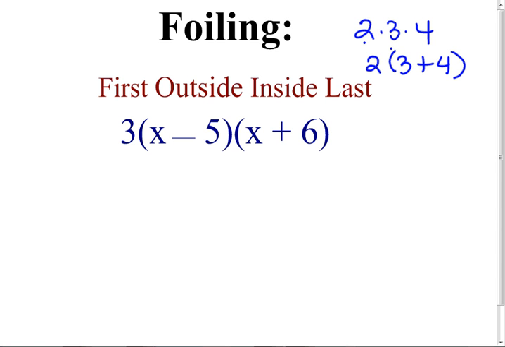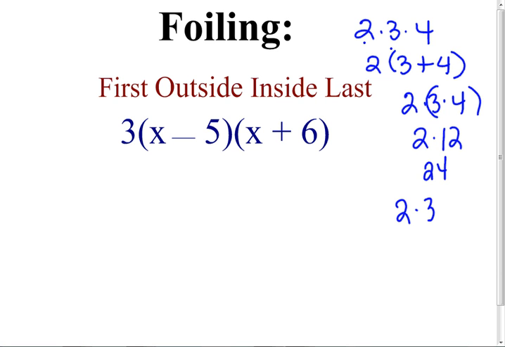But what I can do with the 2 times 3 times 4 is I can choose to multiply those together first. What's 3 times 4? 12. Which gives you what? 24. Or I can multiply it this way. This is associative property. 6 times 4, which is 24. So order in which you multiply doesn't matter.